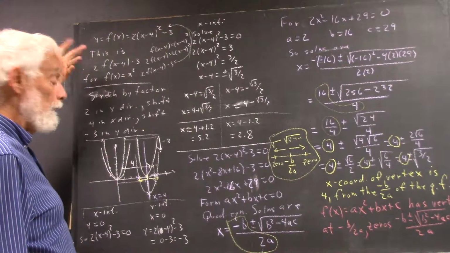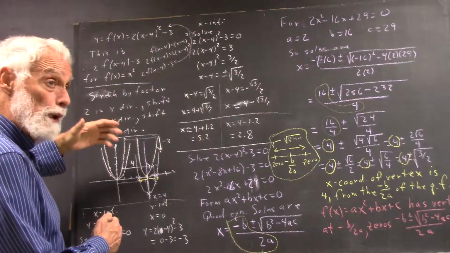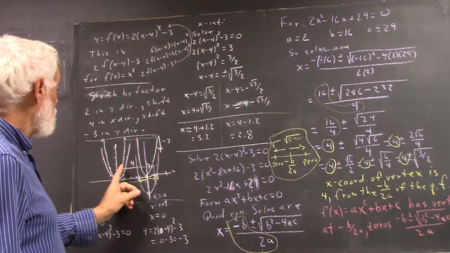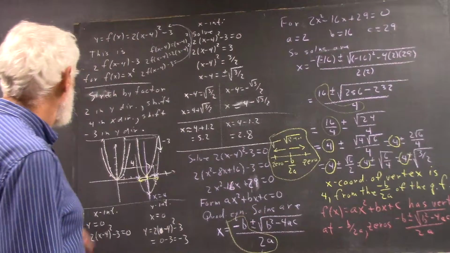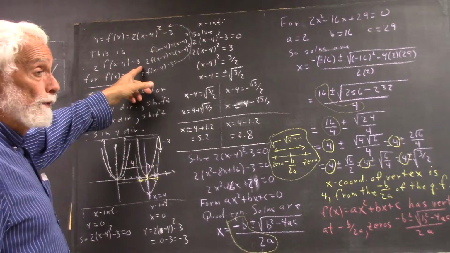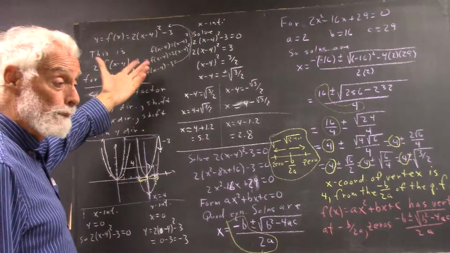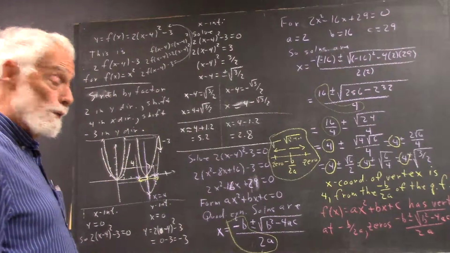Multiplying the function by 2 doubles every y value, and that has the effect of moving every point directly away from the x-axis twice as far. And a minus 3 on the end, whatever you get from 2f of x minus 4, you subtract 3, and that moves the graph down 3 units.